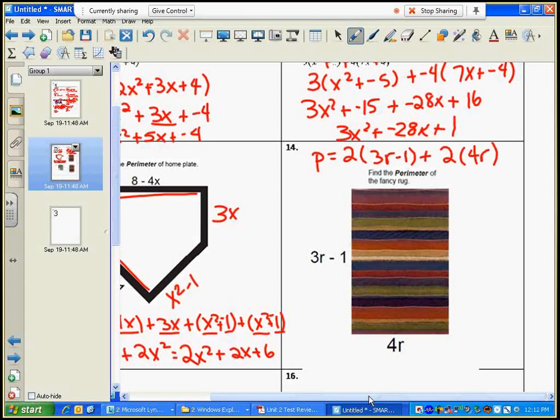My perimeter is going to be equal to 6r plus negative 2 plus 8r. When I combine my terms, I get 14r plus negative 2.